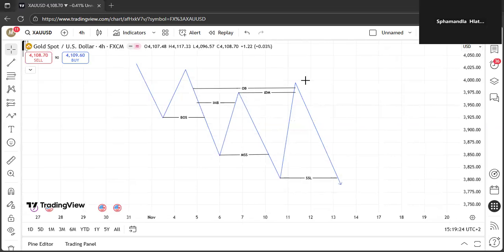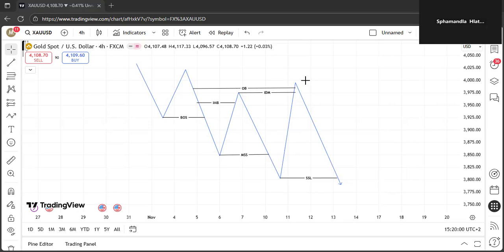What I'm noticing now is that the reset point is actually that imbalance. That's correct. The imbalance is what creates the new market structure shift. Therefore, the reset point is the imbalance, which is pretty much the first thing that you must look out for whenever you open your charts.